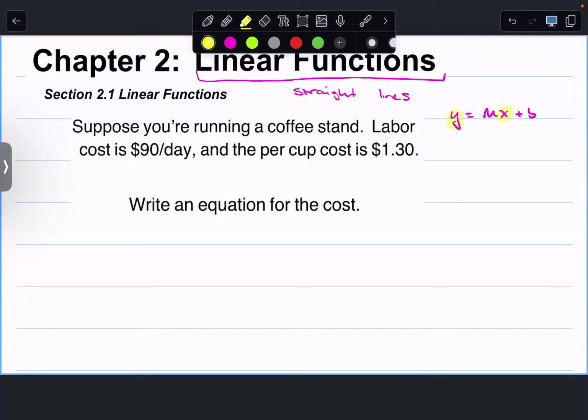We'll get there. But for now, just one coefficient of x and one term on its own potentially, then I have a straight line. Okay.